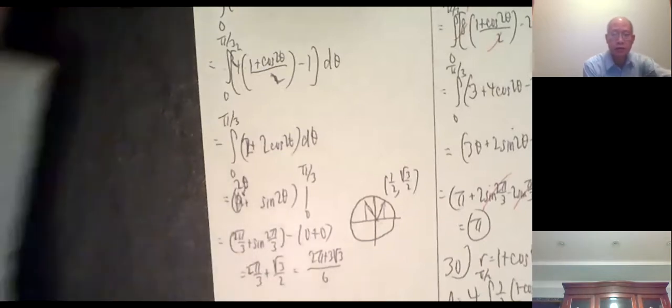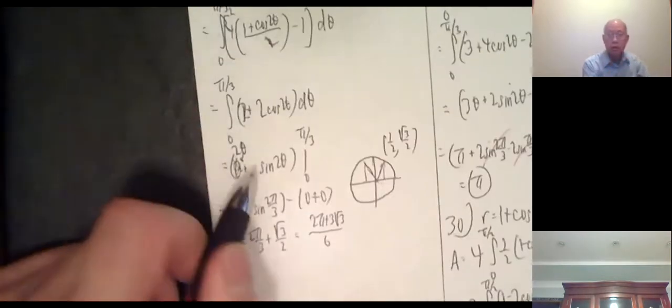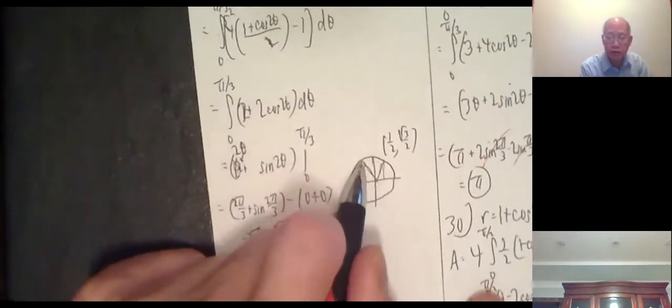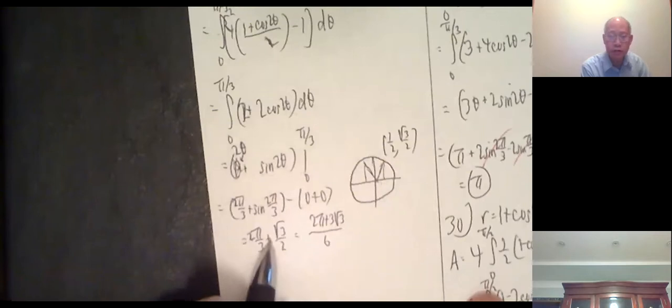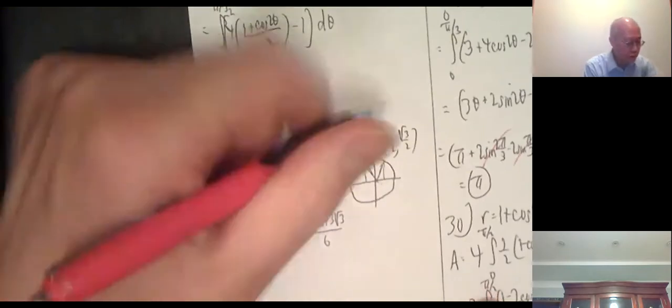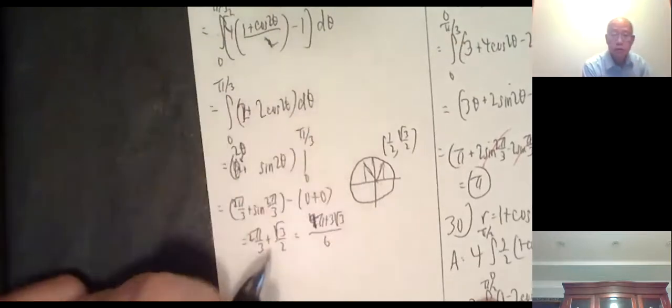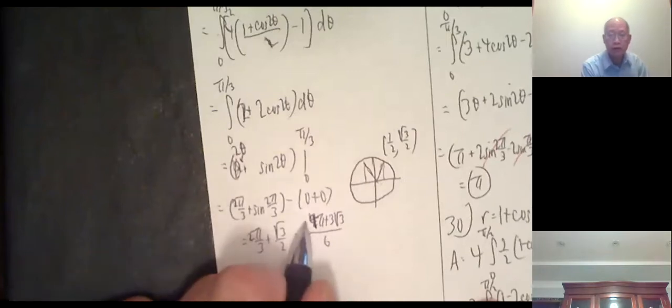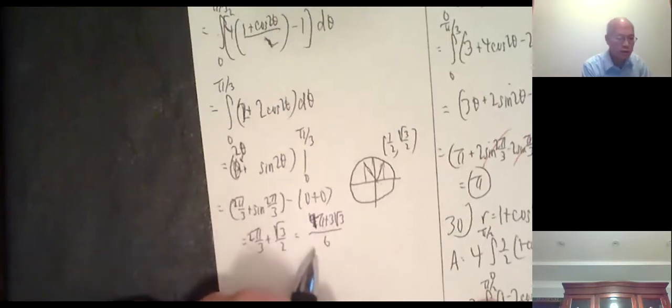That's still nothing there. Sine of 2 pi over 3: 2 pi over 3 is over here, the y coordinate is radical 3 over 2. Okay, it wasn't that bad. I just have to change this to 4 now. So I think that's okay now. Multiply by 2, multiply by 3. Yeah. So final answer, 4 pi plus 3 radical 3 all over 6.